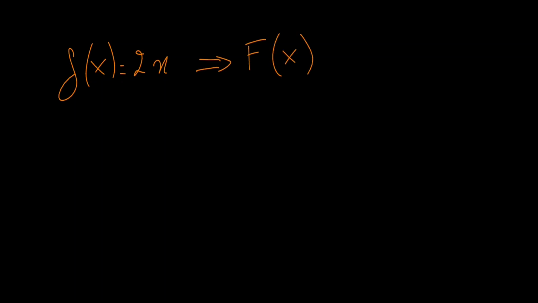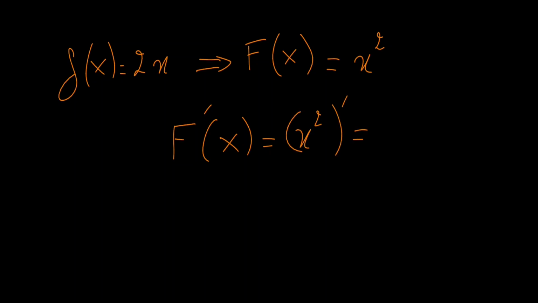For instance, if we have the function f of x equals 2x, then its antiderivative, noted capital F, equals x squared. To verify that the antiderivative is correct, we simply use the derivative. The differentiation of x squared equals 2x, that is lowercase f.